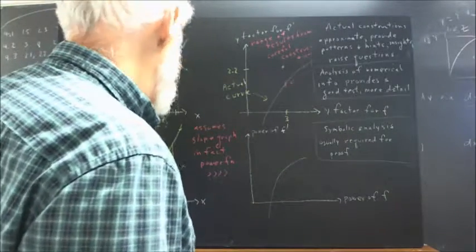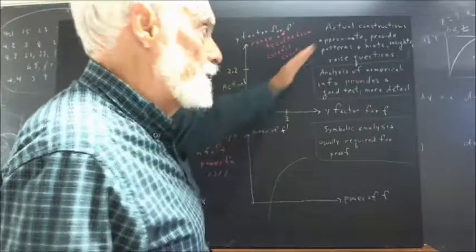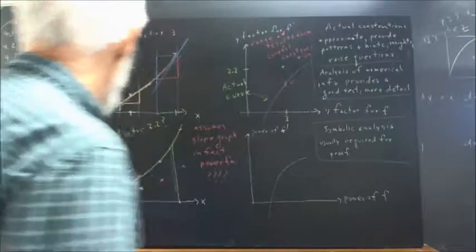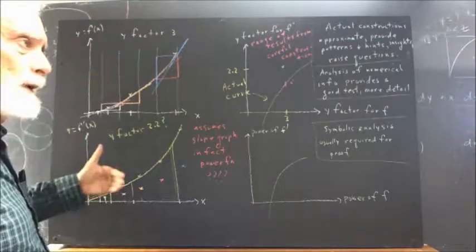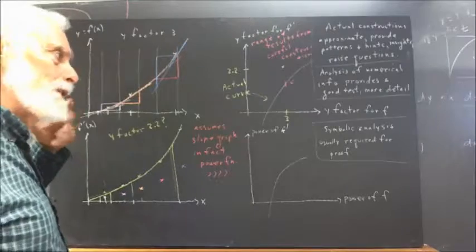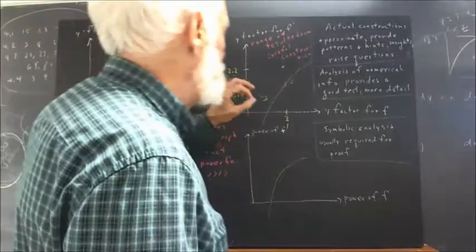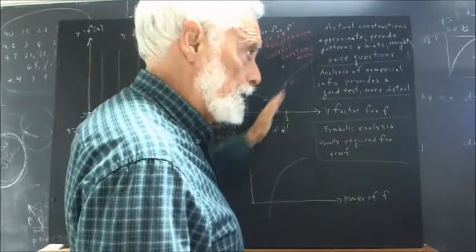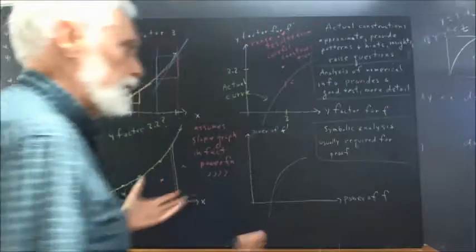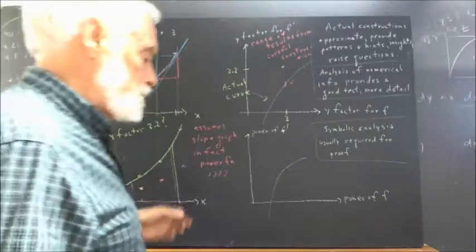Now, I've actually drawn the curve as it probably would be if we had completely accurate constructions. Now, completely accurate constructions are impossible.